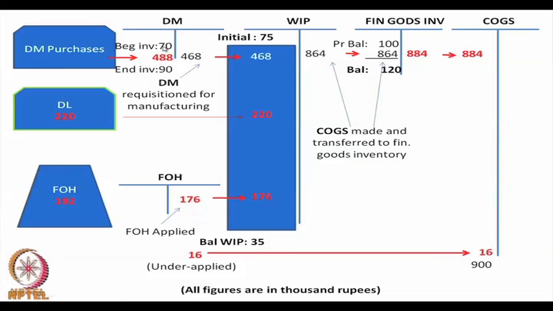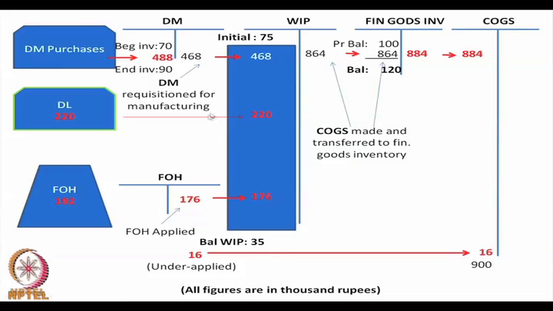So, it is basically 70 plus x minus 468 should be equal to 90. 70 plus something that we are getting, call that x, minus something we are giving away, that is 468, and the ending should be 90. If we solve this equation, x will come as 488. So, that is the value of direct material purchased. Transferred was 468, this value is given.